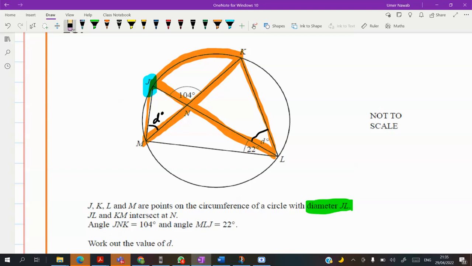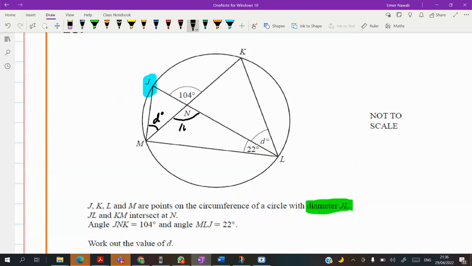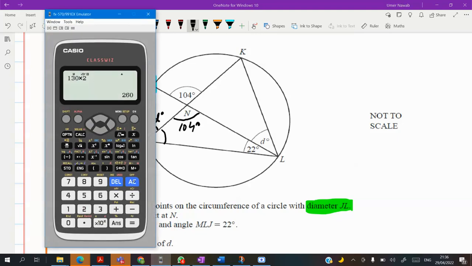So I labeled the two angles as D. Next, can I label this one as 104 because they are the vertical opposite angles? Can I get this angle, boys, because the two angles are known to me? 180 minus 104 plus 22 gives us 54.